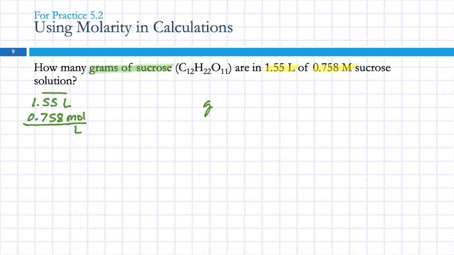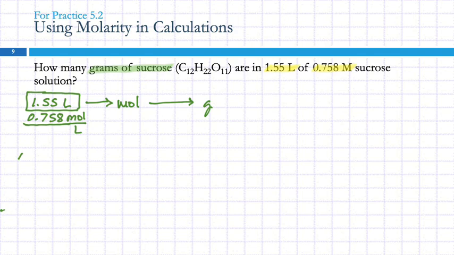So we're going to start with this volume. And this will be used as a conversion factor. This allows us to convert from liters to what? To moles. So I can go from liters to moles, and then we've already learned how to convert from moles to grams using molar masses, right?